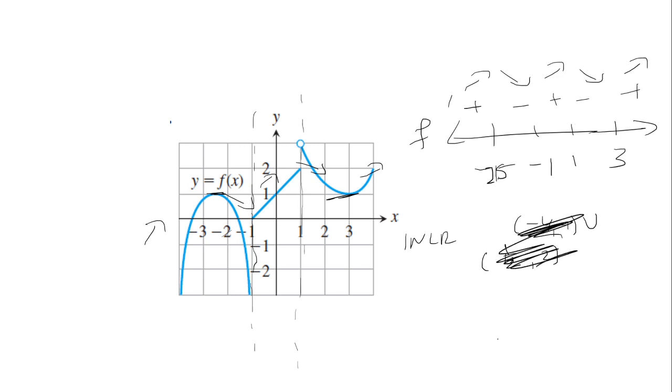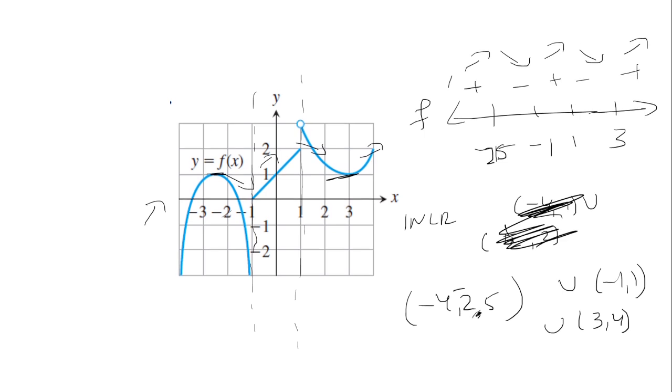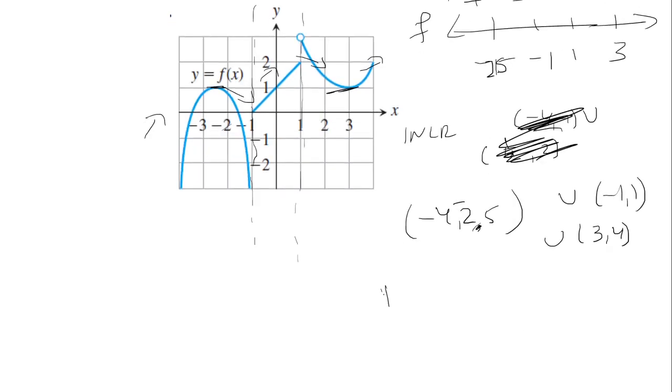So increasing from negative 4 to negative 2.5, negative 1 to 1, and 3 to 4. Now it's decreasing everywhere else. So that was negative 2.5 to negative 1, and 1 to 3.